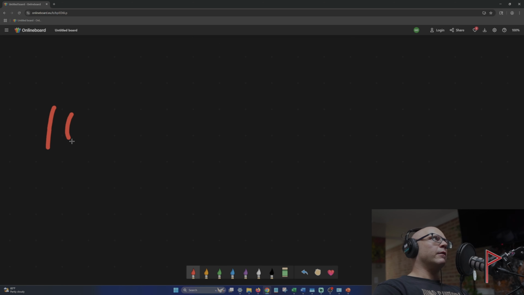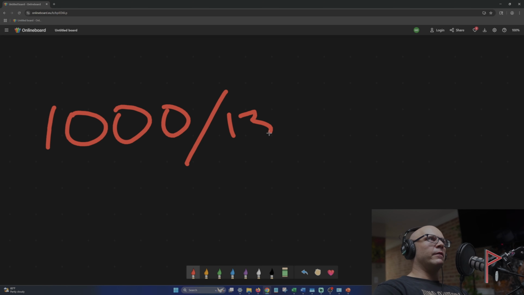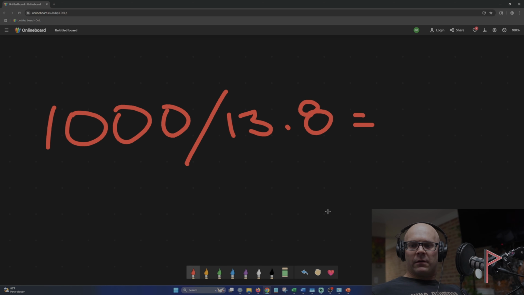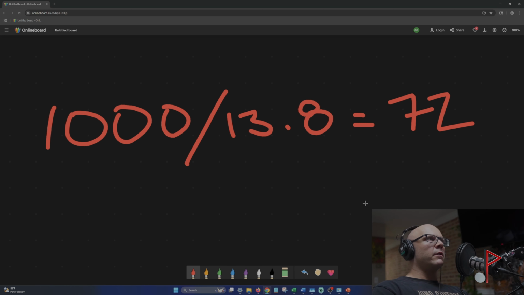So just divide from the other side of the equation. So now that 1 second gets divided by 13.8, and that gives you 72 frames per second.